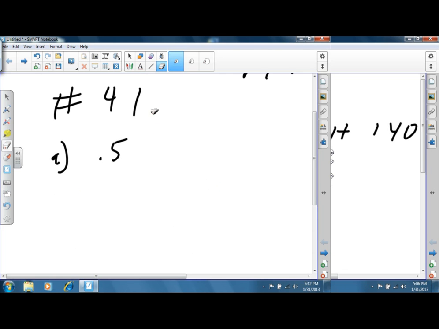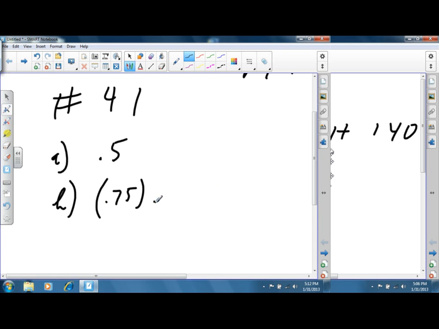So if we read the English, we'd know what it's talking about. 0.75 of the successful bids were asked for more information. We don't know what that number is yet. We haven't figured that out.